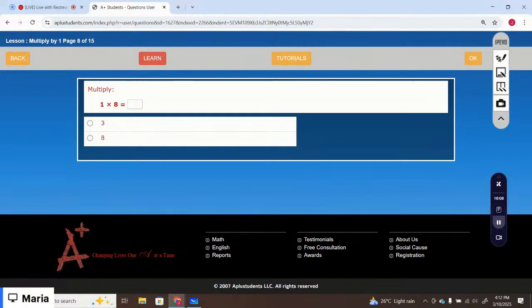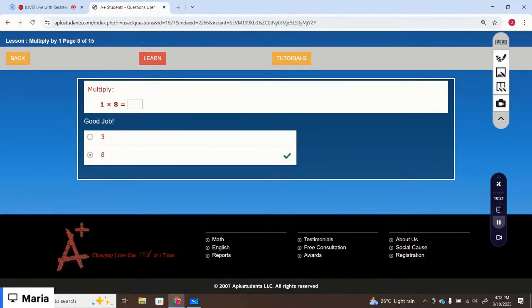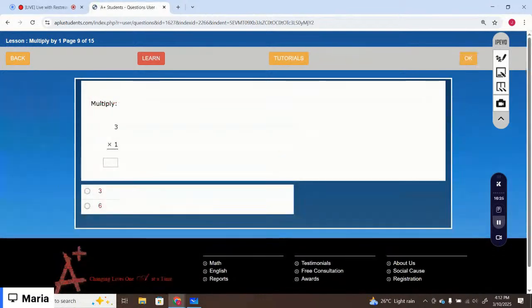8 times 1 equals 8. Option number 2 is the correct option. 3 times 1 equals 3.